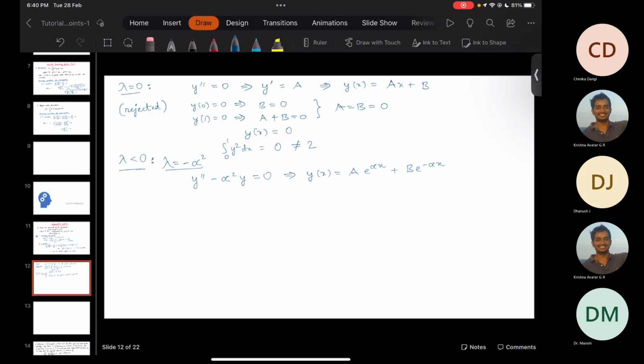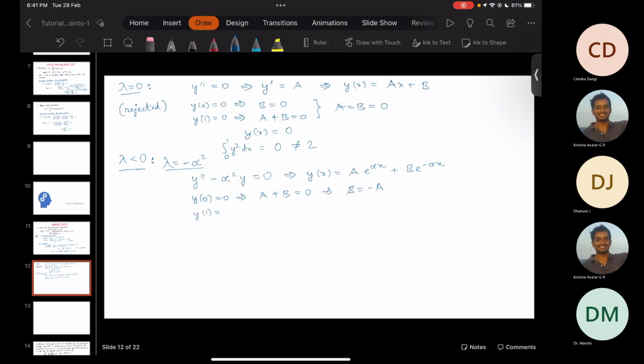Okay. So with this, let's put our first boundary condition, which is y(0) is equal to 0. This implies that a plus b is equal to 0, and this implies that b is equal to minus a.